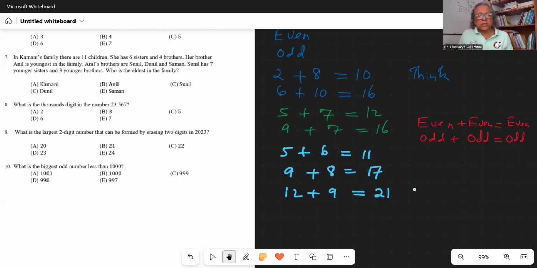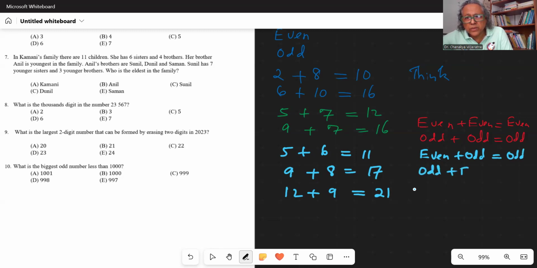No matter what you choose, if you add an odd number to an even number or an even number to an odd number, you get an odd number. So we'll write it like this: even plus odd is odd, and odd plus even is odd.